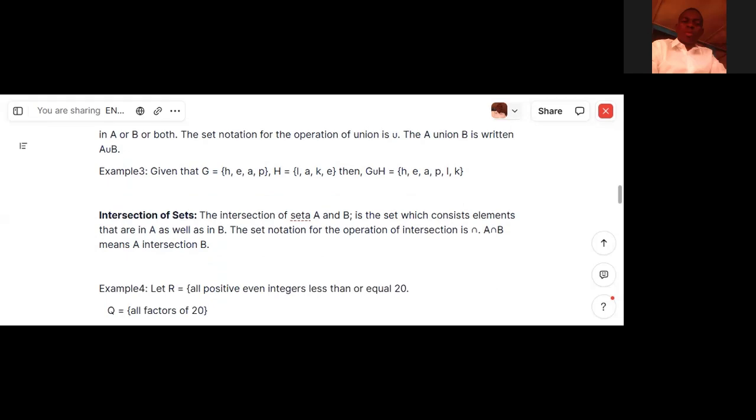And the notation for intersection is simply the upside down of the symbol for the union of two sets, like an N-shaped symbol for intersection.